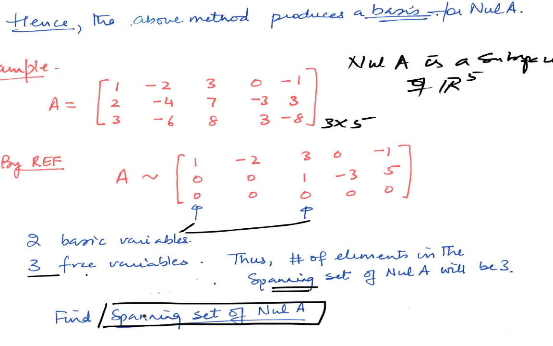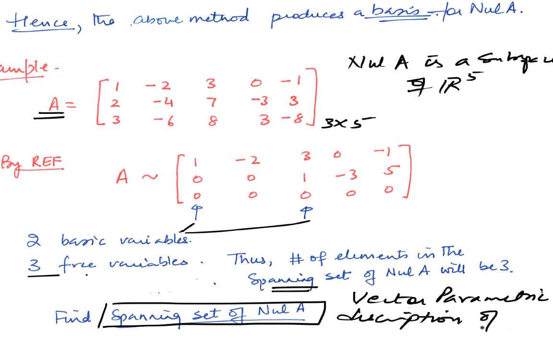So the only thing we have to do is find the spanning set of the null space of this matrix A, which simply boils down to saying: find the vector parametric description of the solution set of the homogeneous equation Ax equals 0. Back to section 1.3.